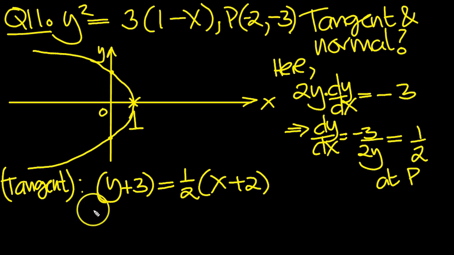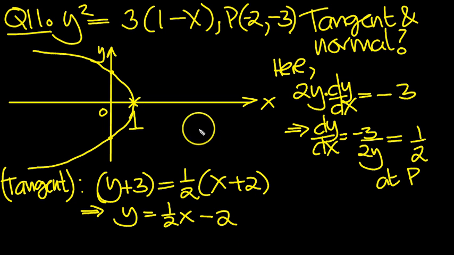So that tells us then that y is equal to a half x. When you expand this bracket, leave the y there, then you'll get 2 times a half, which is 1, but move the plus 3 over to minus 3, 1 minus 3 is minus 2. So we're going to get y equals a half x minus 2 as the tangent at (-2, -3).